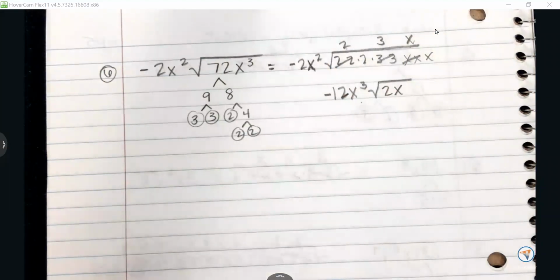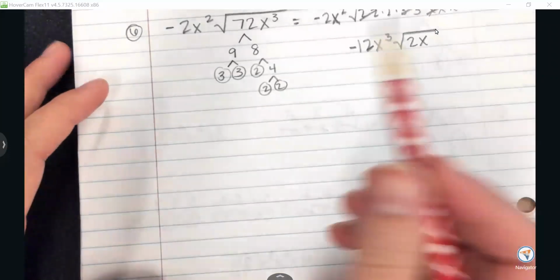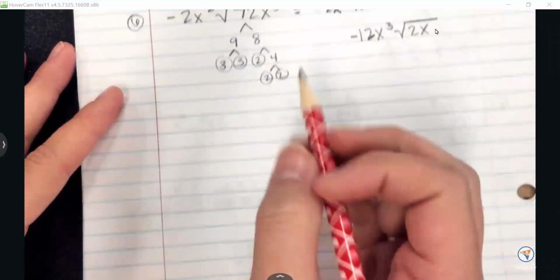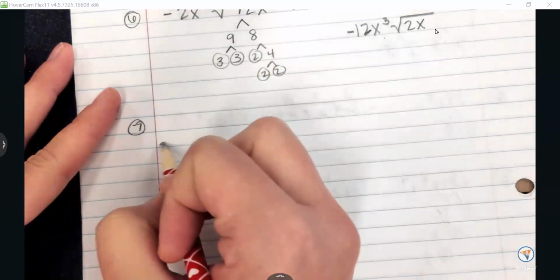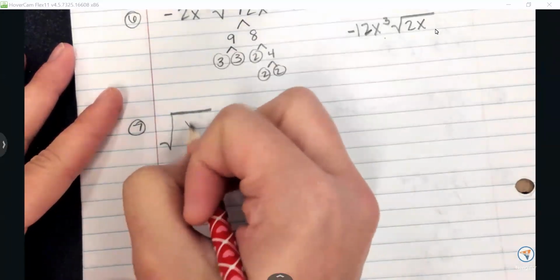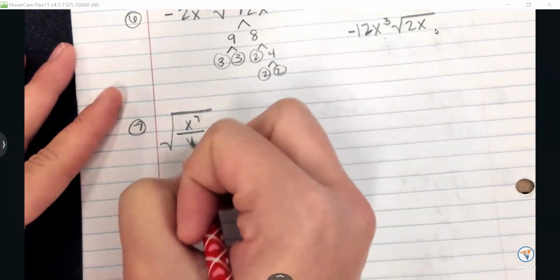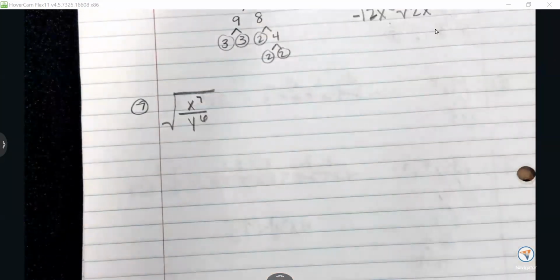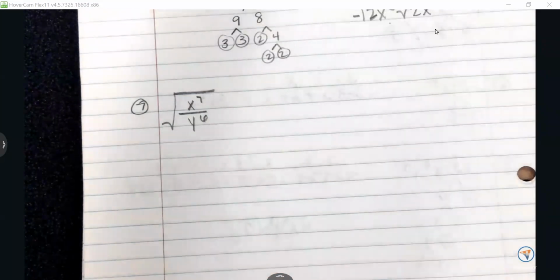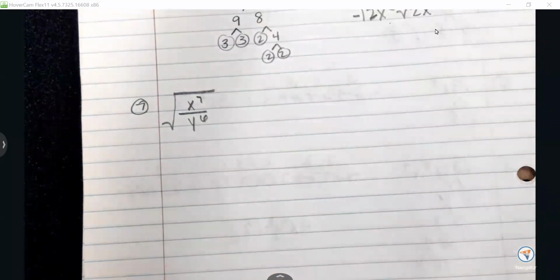Yes? Okay, so let me show you the last type. So you will also get questions that look like this. It'll say big square root of x to the 7th over y to the 6th. So the very first thing I suggest you do is ask yourself, in my fraction, are there perfect squares? Okay. So in this fraction, there's no number, so there's no perfect square.